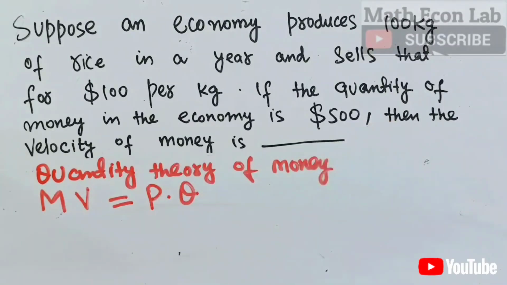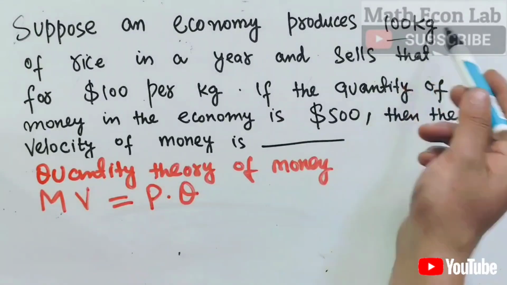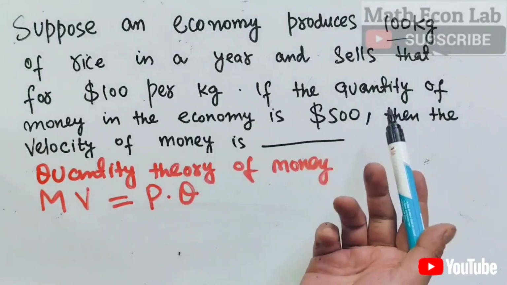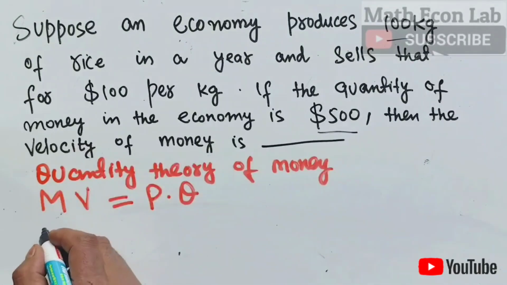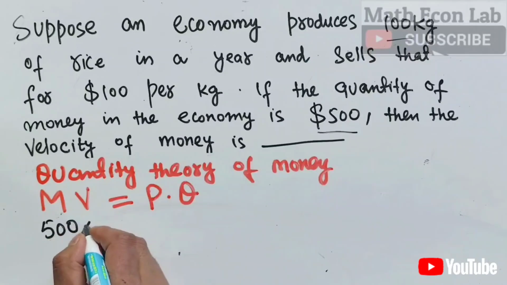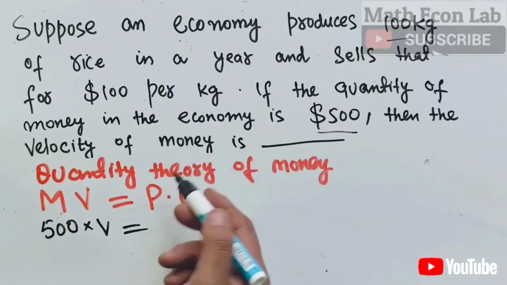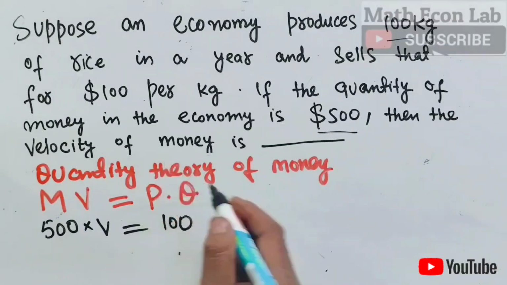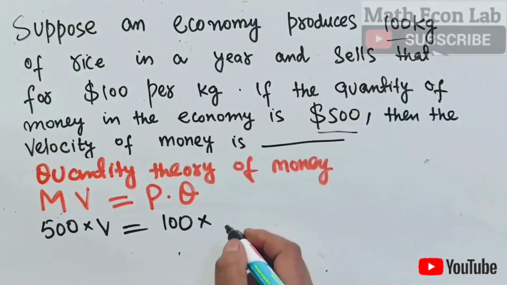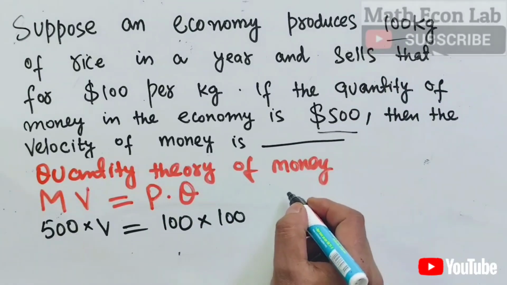Here GDP is output, that is 100 kg. So money supply is being given as the quantity of money, that is 500, times V should be equal to the price, which is 100, times the output produced, which is 100.